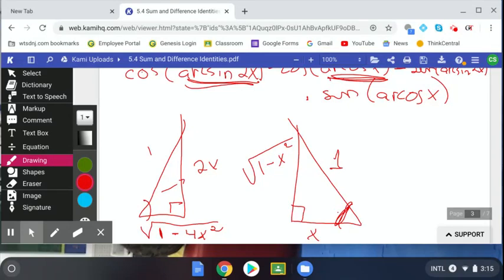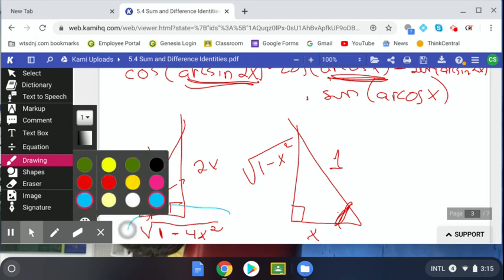So now I have to do, so cosine of arcsine of 2x would be equal to, cosine of this angle here would be this, right?